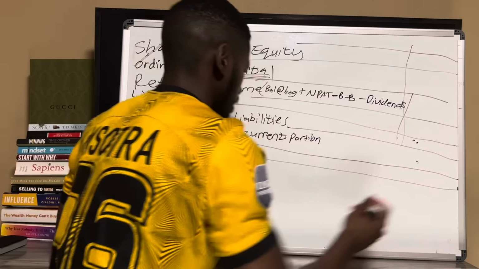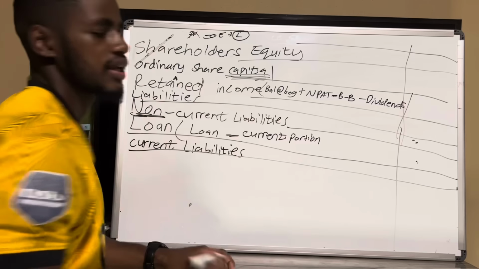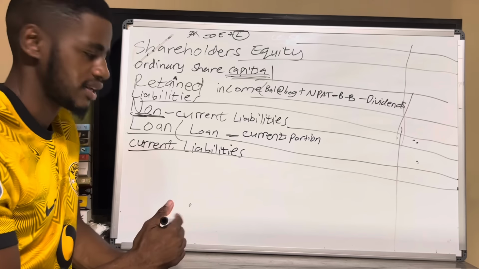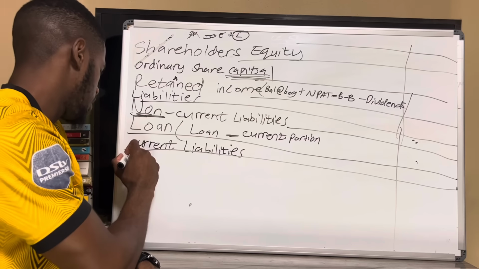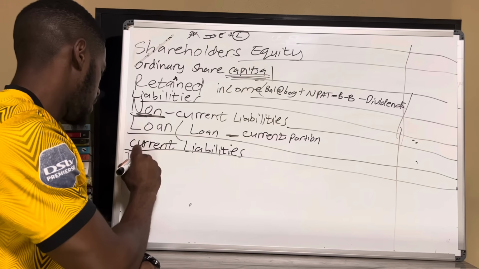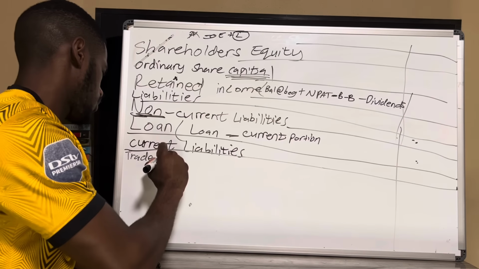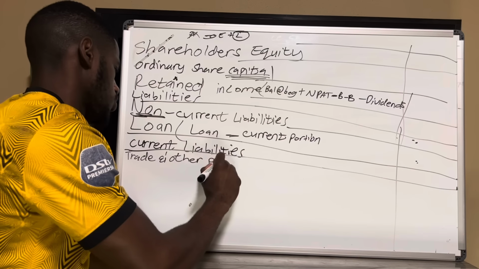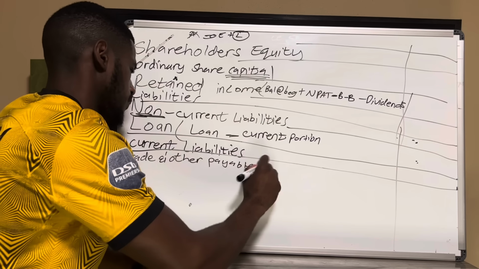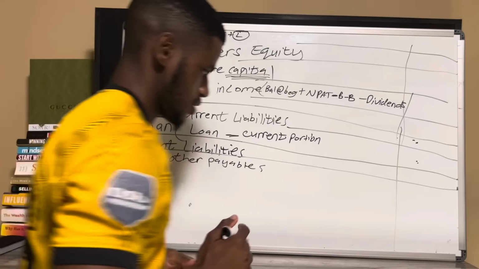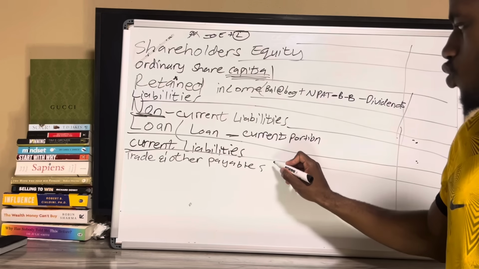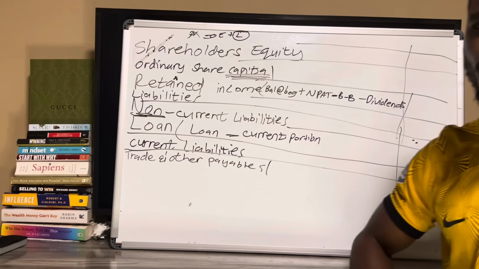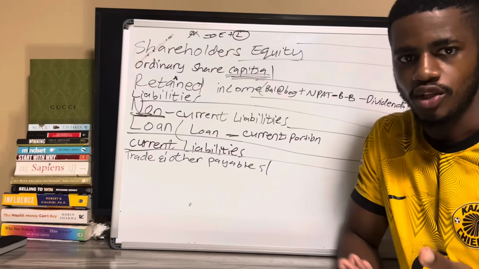So these are the liabilities that we will be paying back within the next 12 months. Firstly, we'll be having trade and other payables. So these are the amounts that we need to pay during this current period. So here, what do we call the people that we owe money to?